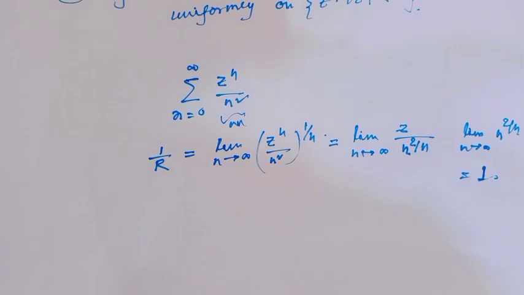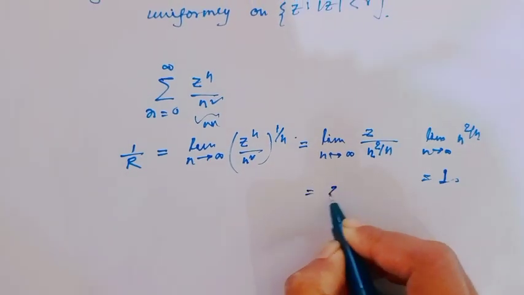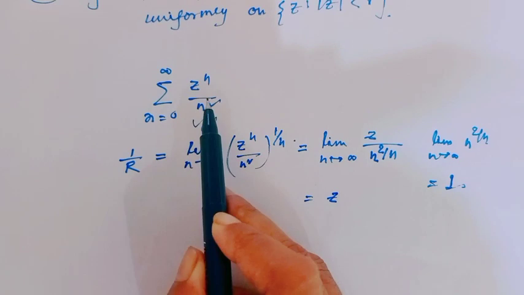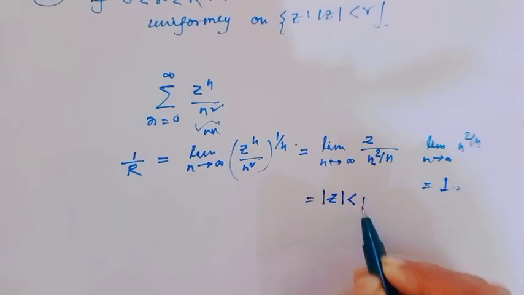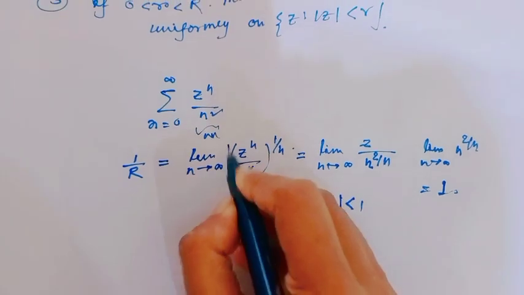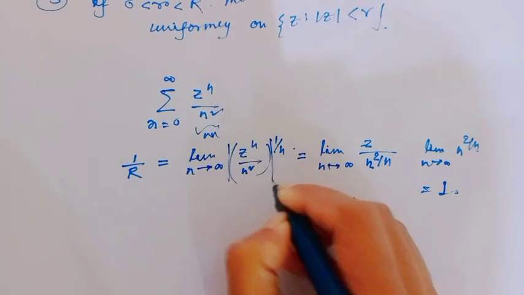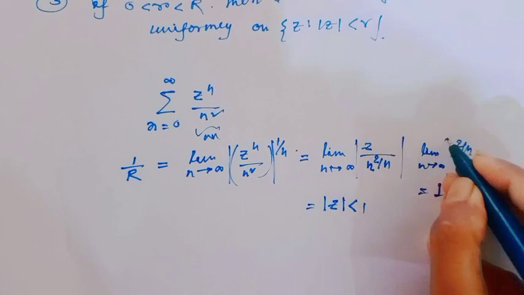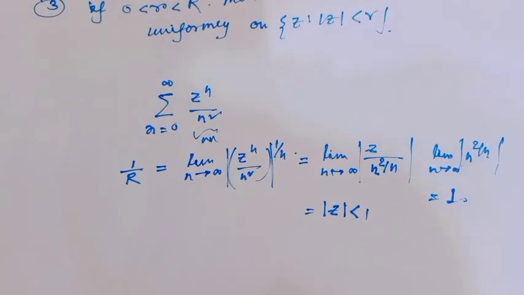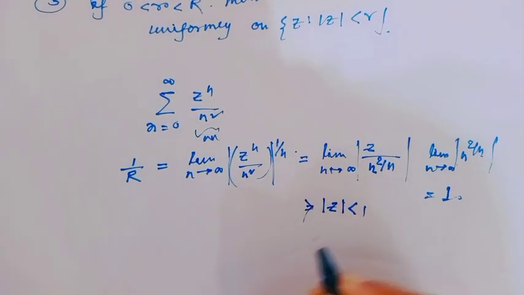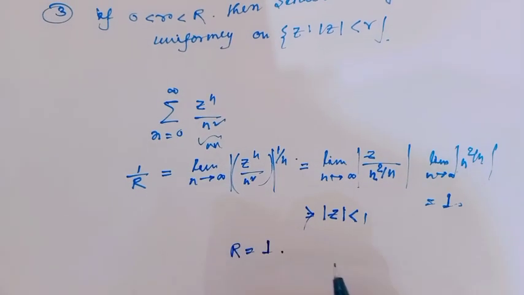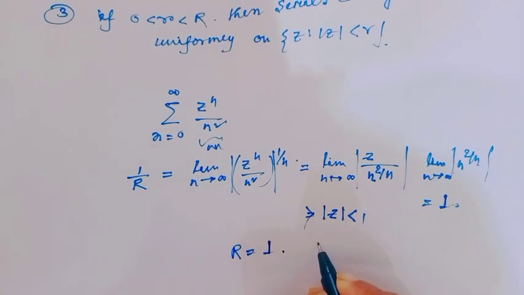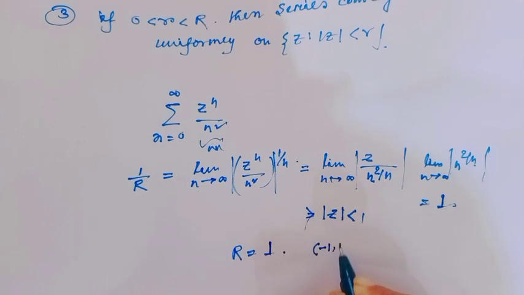Therefore, this value would be |z|, and we all of us know this power series converges when this absolute value is less than 1. That implies the radius of convergence is 1 and the interval of convergence is -1 to 1.